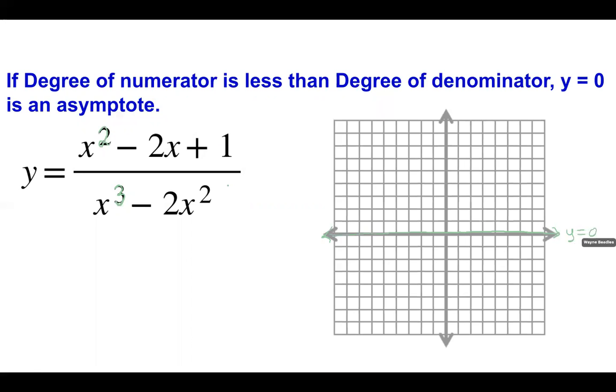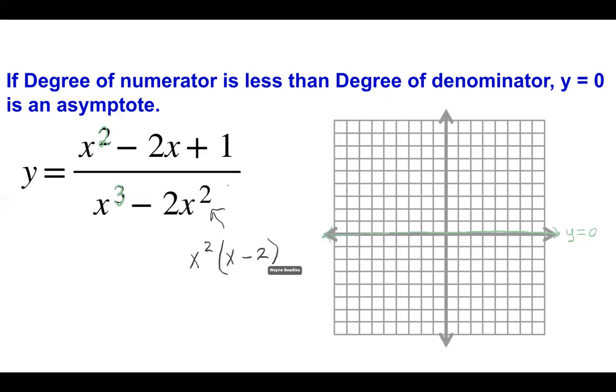We also know from the denominator, if we factor this denominator, because that's how you find out when it can't equal 0, that's where the asymptotes might be. So if I factored out x squared, I'd have x minus 2.